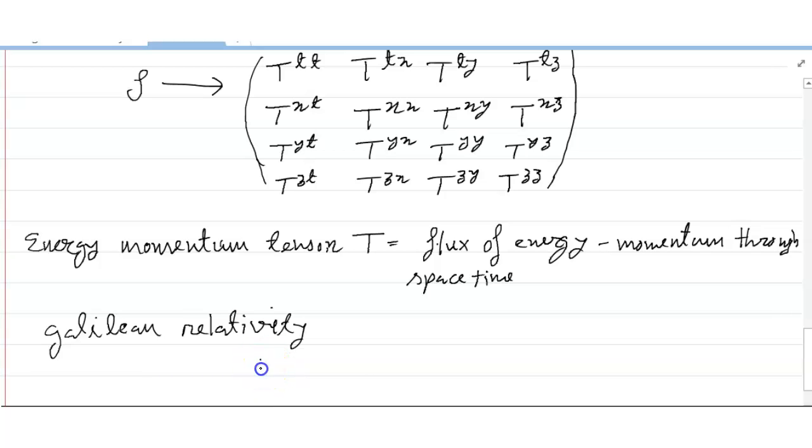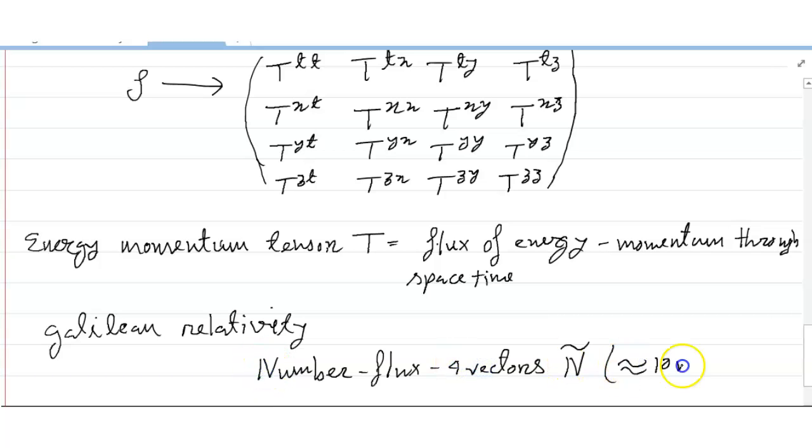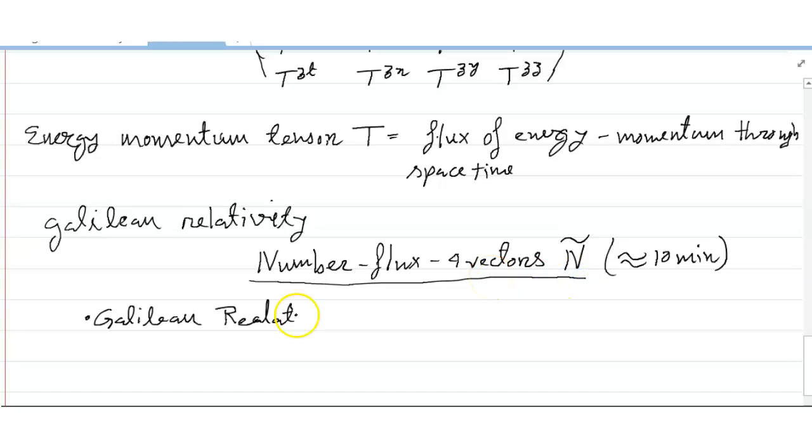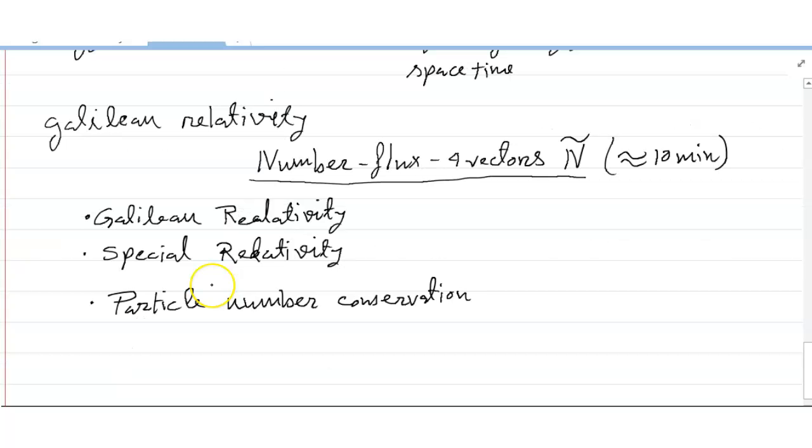So friends, the number flux four-vector N: number 1 Galilean relativity, number 2 special relativity, and number 3 particle number conservation. I will also talk about how the number flux four-vector can be used to describe a conservation law for the number of particles in space-time.